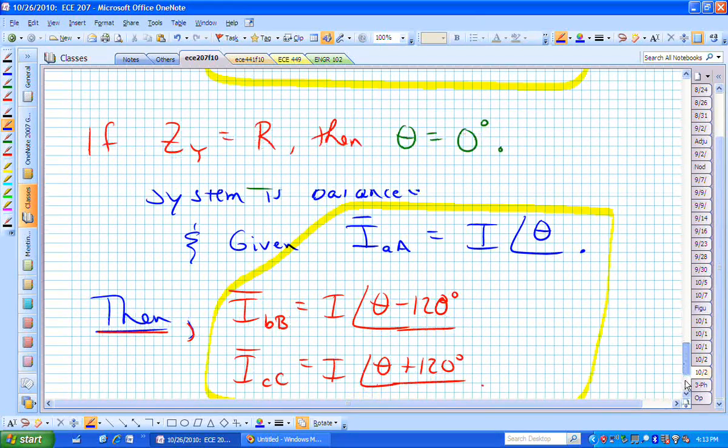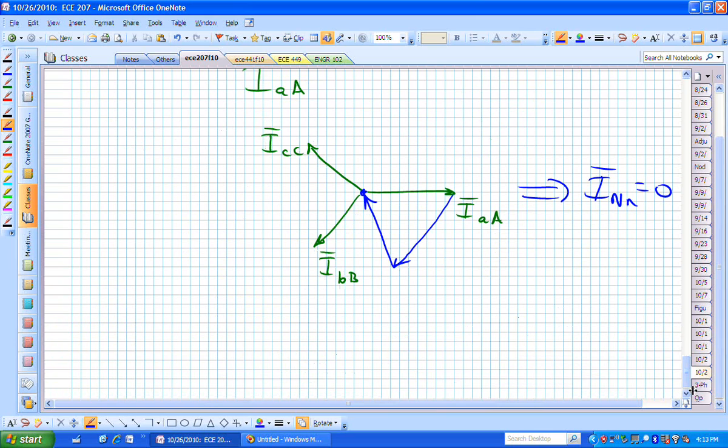This is actually allowing us the ability to simplify the analysis. Instead of doing those 3 mesh problems to find I sub AA, I sub BB, and I sub CC, we can just extract one phase, solve it, and then knowing that it's balanced, we can just adjust the angles of those line currents to obtain the B phase and the C phase. Let's do that.